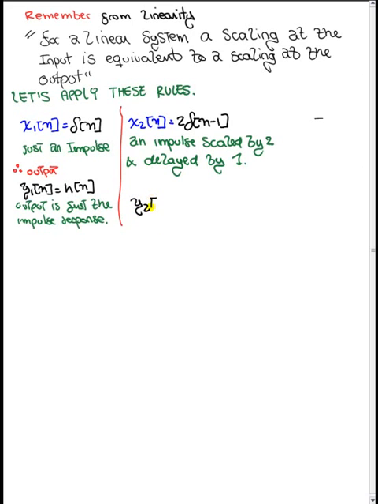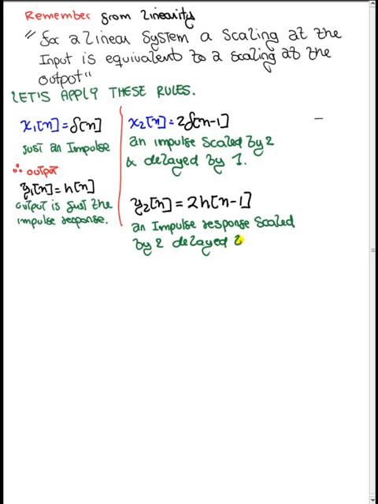So y2 of n is just going to be scaled by 2 and time delayed by 1. Okay, so now let's do x3 of n.